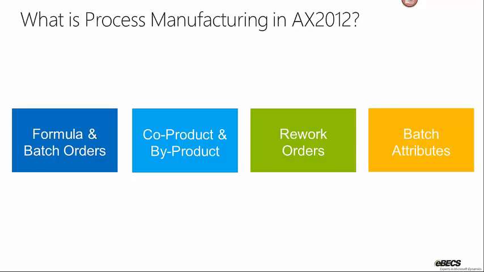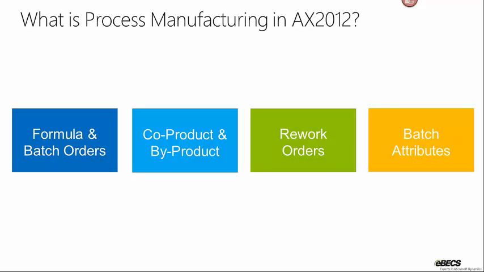A cool thing about formulas is that they can be percentage controlled. You can come up with a percentage of each component, or each of your ingredients, in order to build your formula. And this makes it automatically scalable. No matter if you increase or decrease quantity, it's scaled by that percentage.